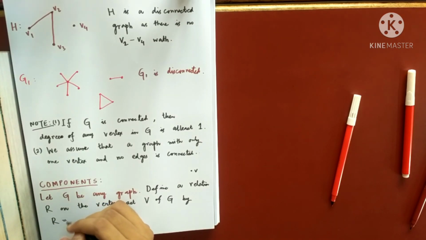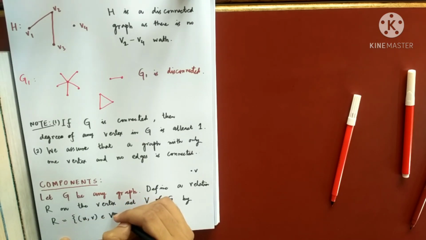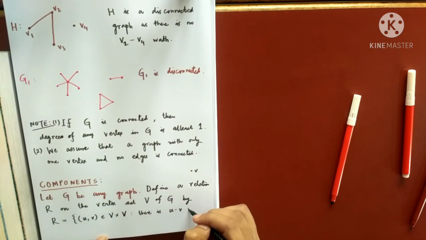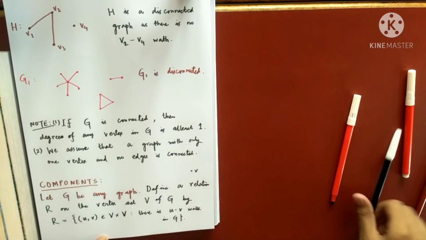So two vertices u and v, so (u, v) belongs to V cross V. That means this is also a vertex from V, and this is also a vertex from V. When will I say that these two are related or belong to this R? Such that there is a walk from u to v in G. So try to understand my point.